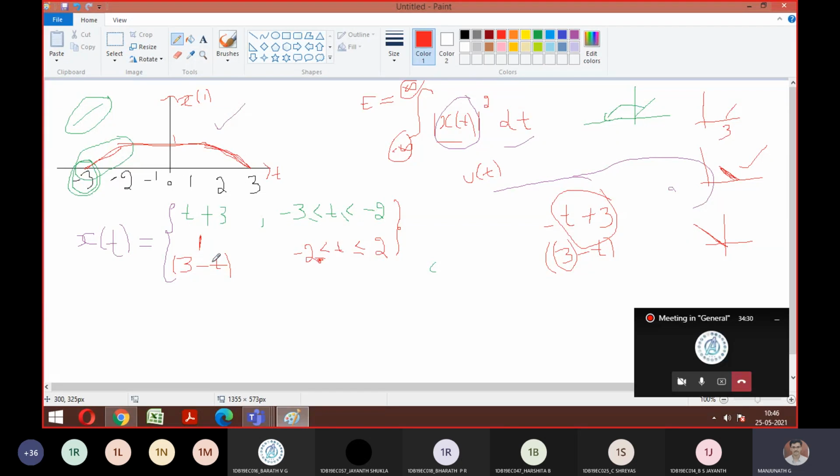This is like a minus b whole square formula. When you apply x of t whole square, it will be like a plus b whole square or a minus b whole square. You can apply your a square plus b square minus 2ab formula. Before that, we go to this formula to find energy. Any doubts on how we wrote this expression?